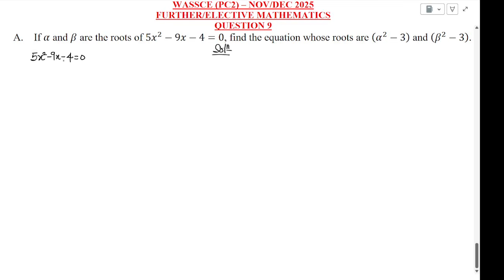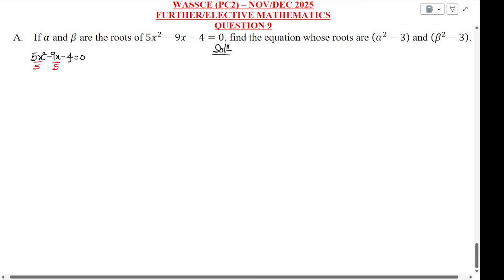To do that, we divide through by the coefficient of x squared. So dividing through by 5, we have x squared minus 9 out of 5 x, then minus 4 out of 5 equals 0.